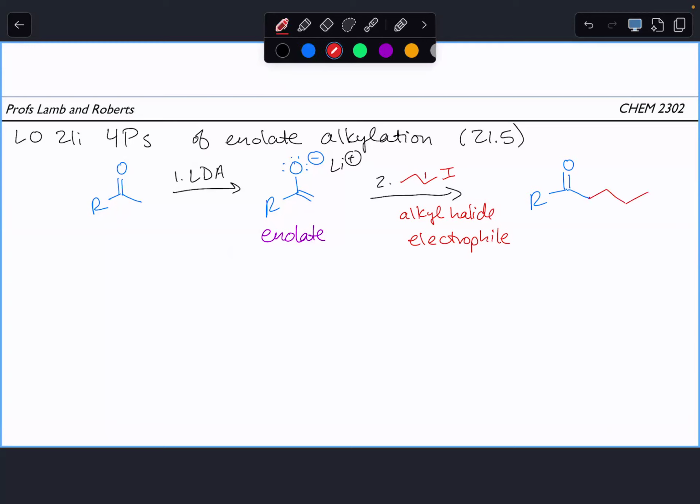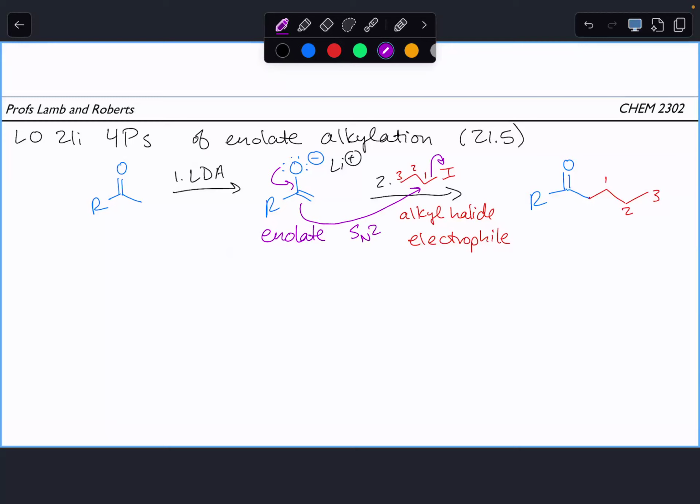So here my electrophile had 1, 2, 3 carbons, and I added in 1, 2, 3 carbons. So this is our overall reaction.